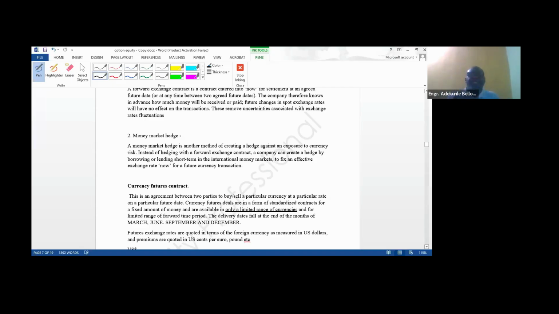At the money markets, you can borrow or lend so as to fix the exchange rates between the two currencies.